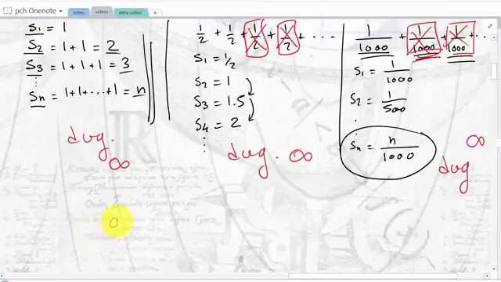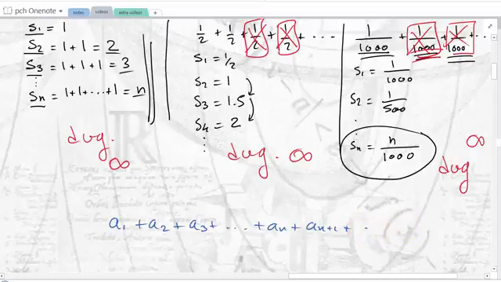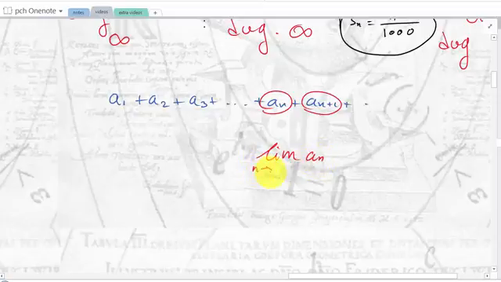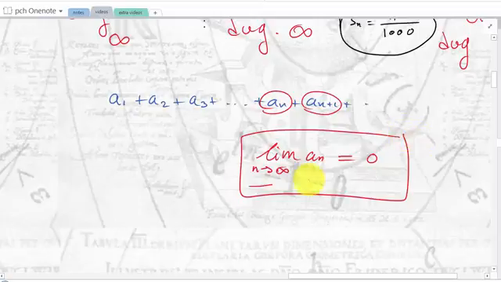So if you want an infinite sum to have a finite sum, then what you're adding together has to be smaller and smaller and smaller. What I'm saying right here is that this condition, the limit of an as n approaches infinity, must be 0. It must be 0 if the sum is to have a finite sum.